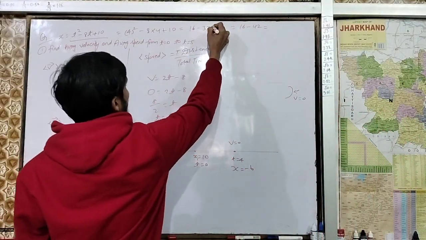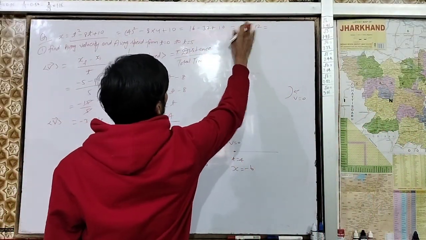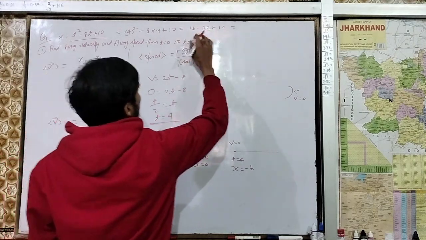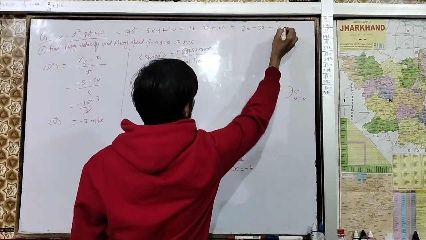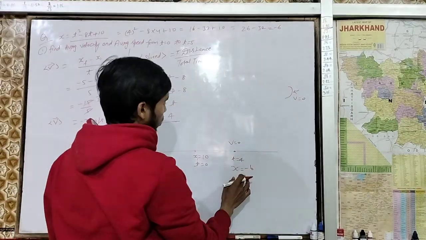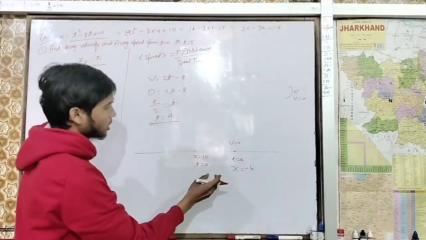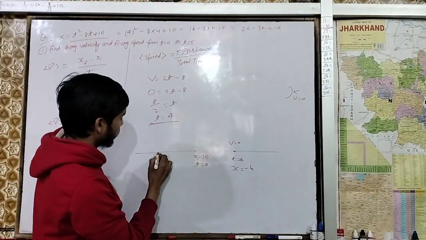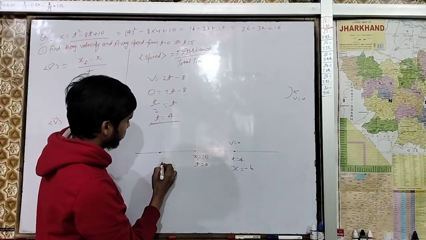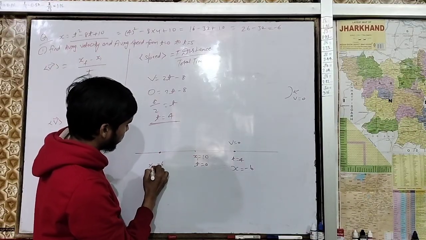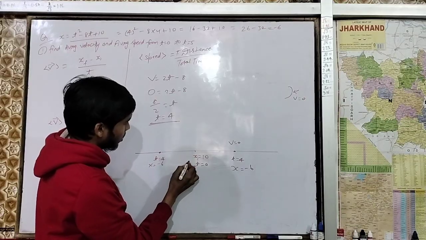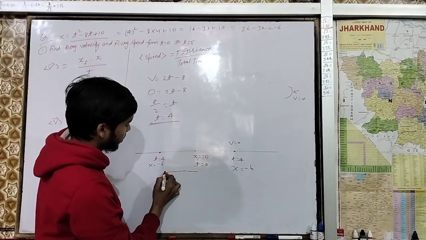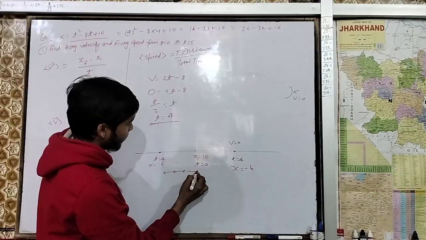This is a plus. 26 minus 32, now this is minus 6. Yes, minus 6. So this x will be minus 6 over here, where t is 4. It went like this from here.